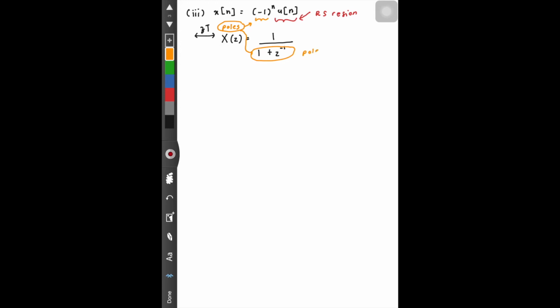If you solve this, you will get the pole value equal to -1.